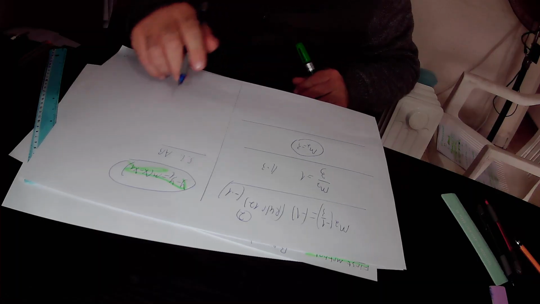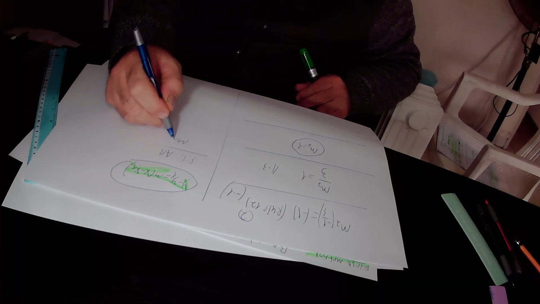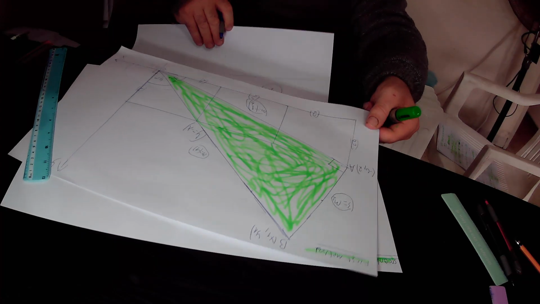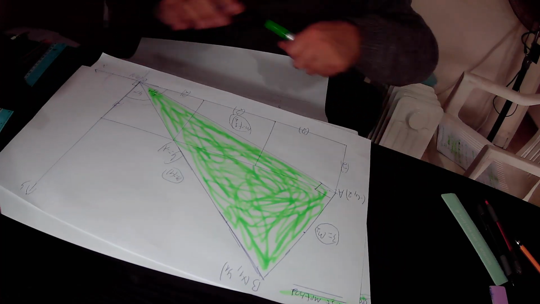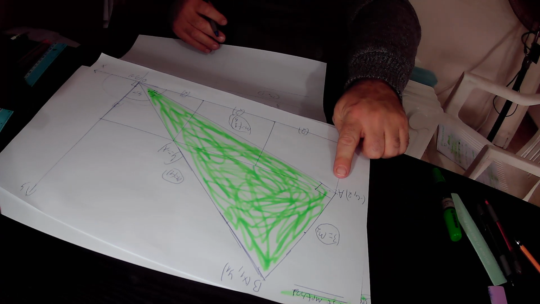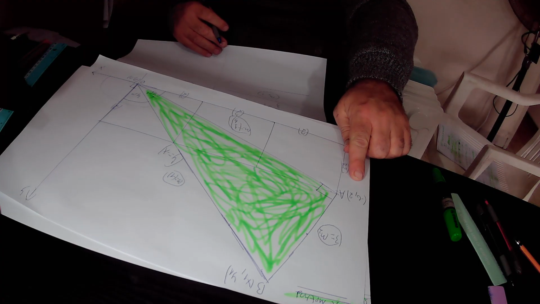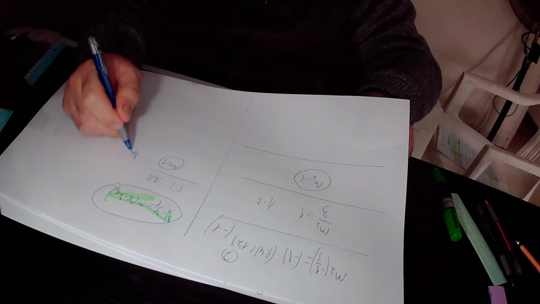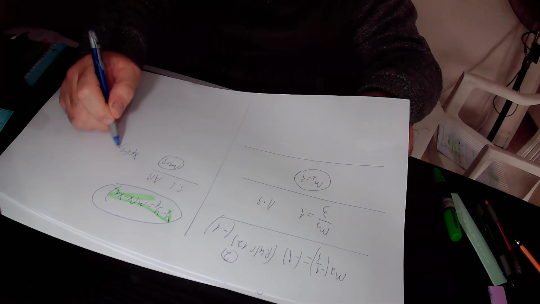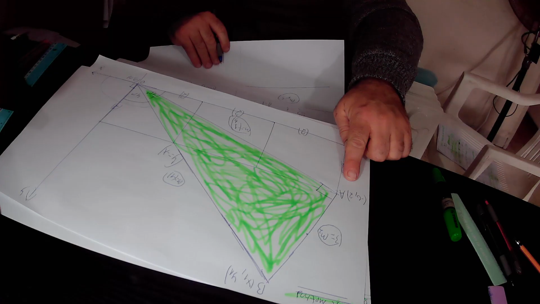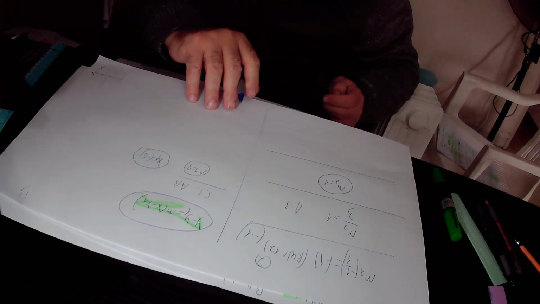So m equals 3. And point A is located on the straight line AB. So x1 equals minus 6, that is the x-coordinate of point A. And the y-coordinate of point A is 2. So y1 equals 2.